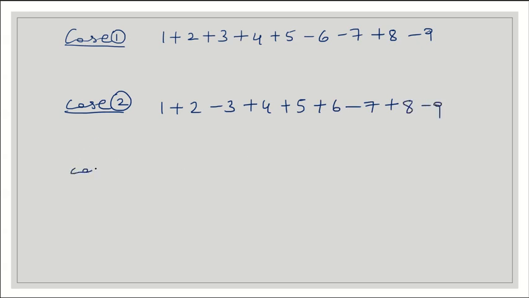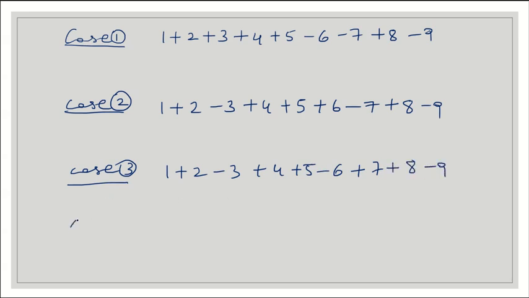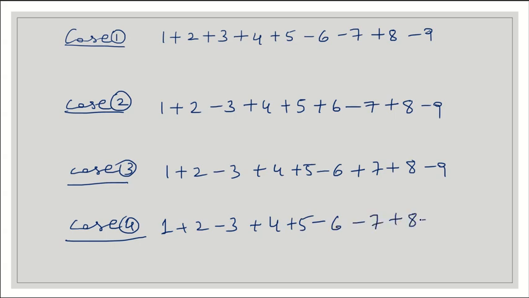And in case 3, 7 is positive, the rest of the signs are as they are. And in case 4, 9 is positive, the rest of the signs are as they are.